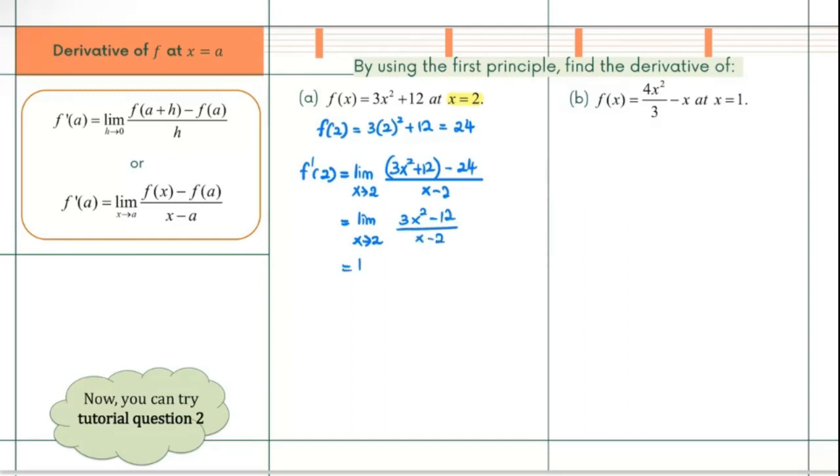And then saya factorize 3. I have x squared minus 4 over x minus 2. Kita ada x square minus 4 kan? So x square minus 4 boleh factorize kepada 3 of x minus 2 dan juga x plus 2.